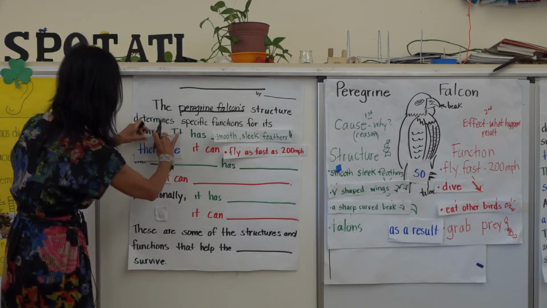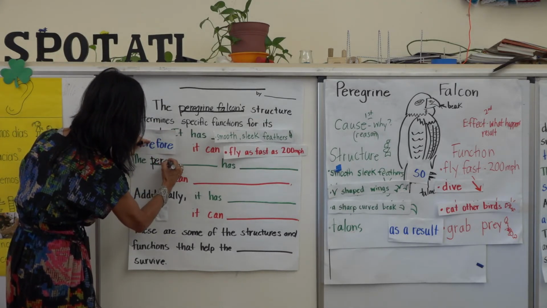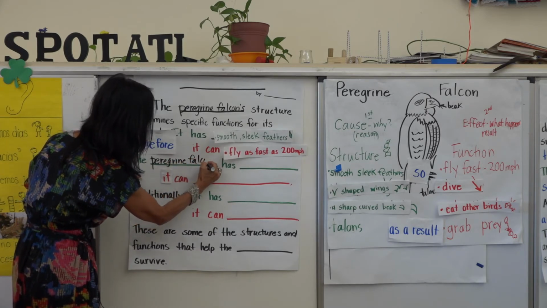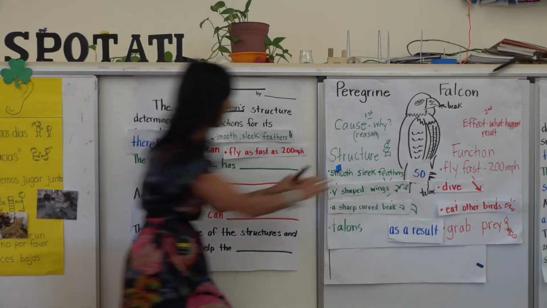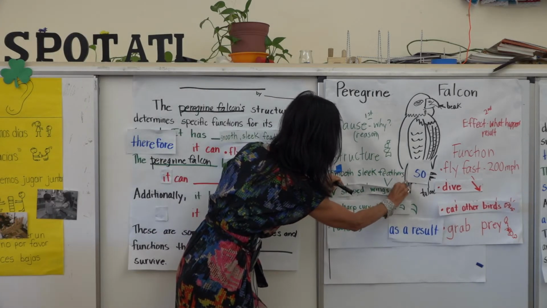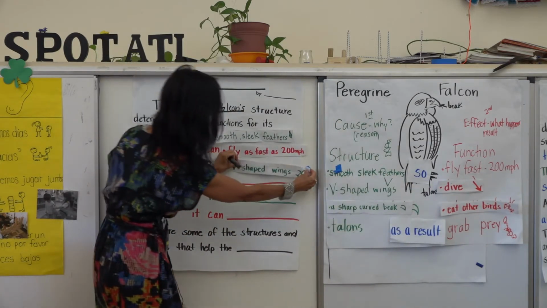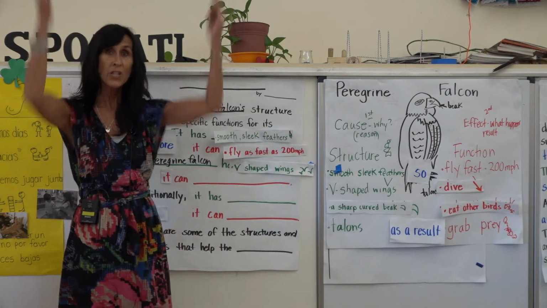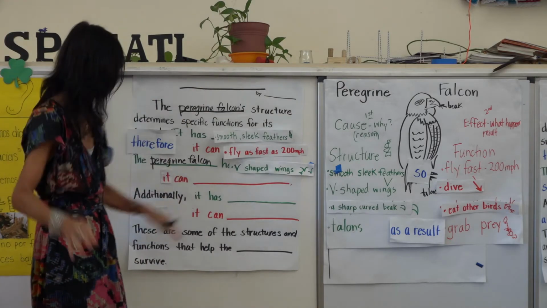The peregrine falcon, because this is my topic, it's what I'm talking about, has, you remember this fact, V-shaped wings. Say it with me, V-shaped wings.